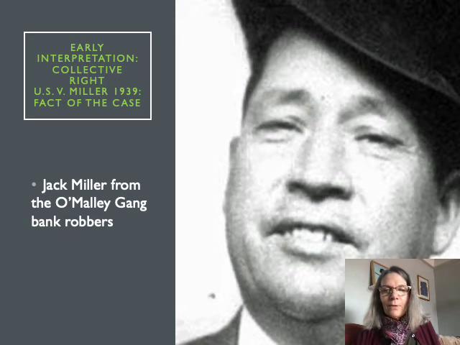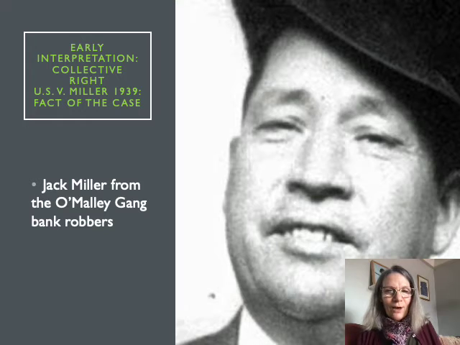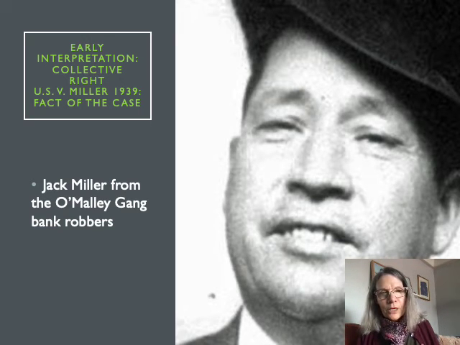You've probably heard about a lot of other gangsters, like Bonnie and Clyde, Pretty Boy Floyd, Machine Gun Kelly, not the one we know today, but from the past, who was on the top FBI list of robbers. But you probably haven't heard about Jack Miller, though he was just as notorious at that time. And why we know about Jack Miller today is because he is the one named in this famous case. So what did Jack Miller and his buddy Frank Layton do?